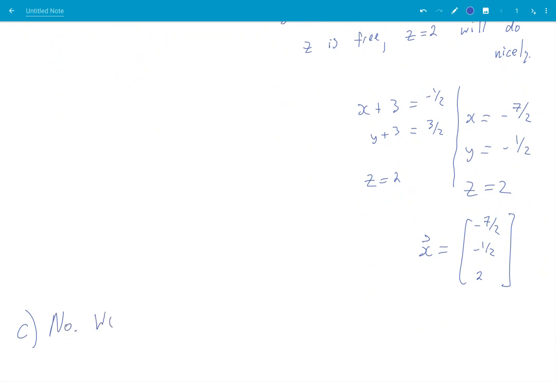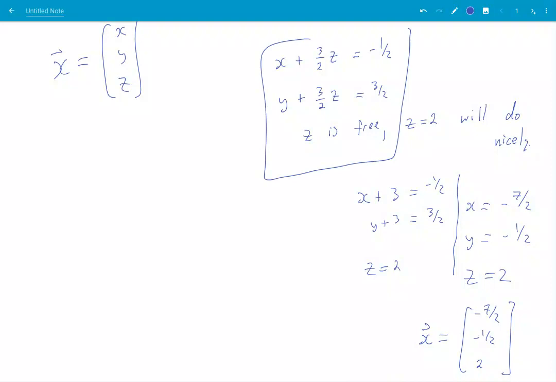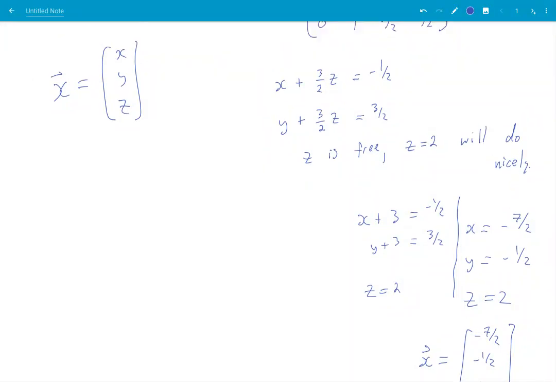We found an infinity of solutions in part B. So it's not this vector x alone, and there is an infinity of possibilities.